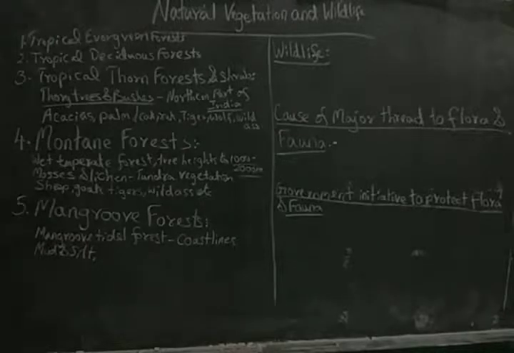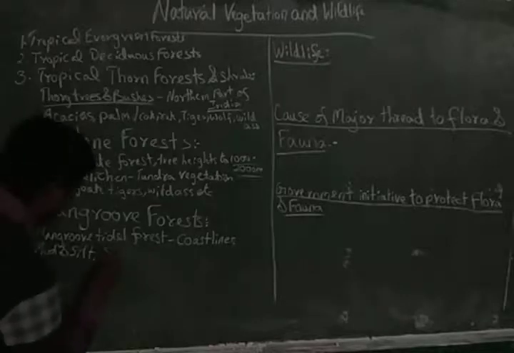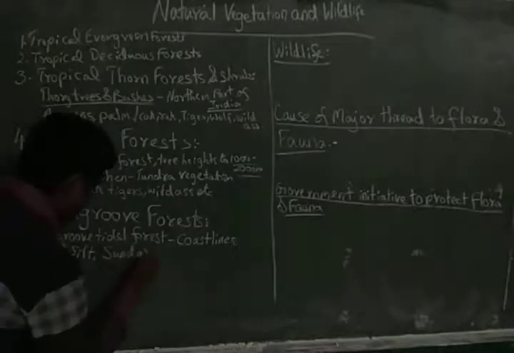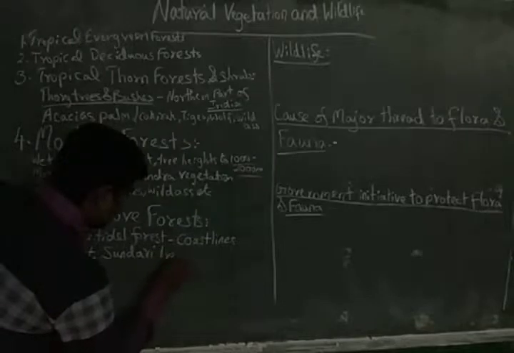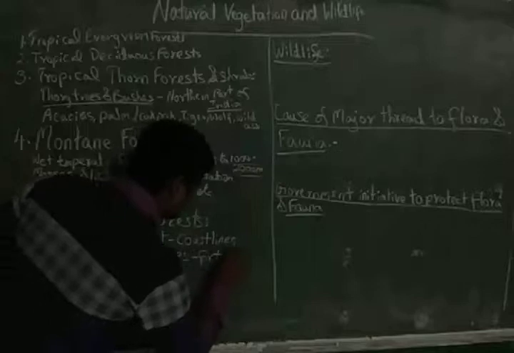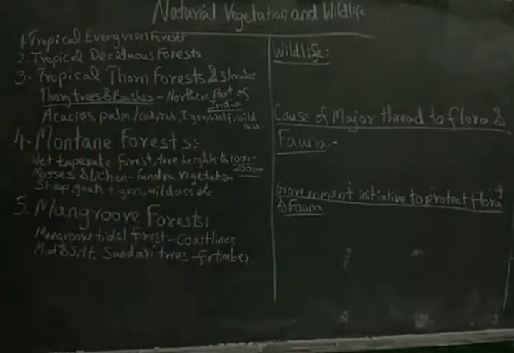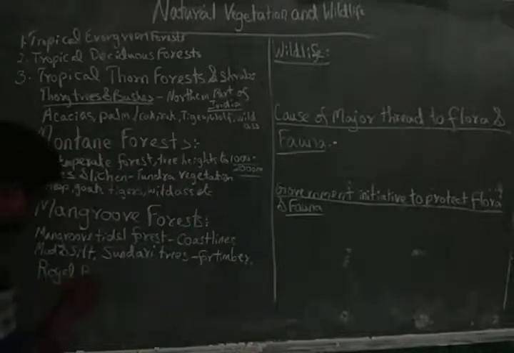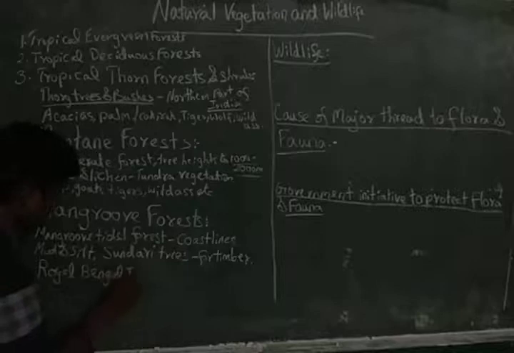The main trees found here are Sundari trees, and most of the trees give timber. The main animal living in this area is the Royal Bengal tiger.